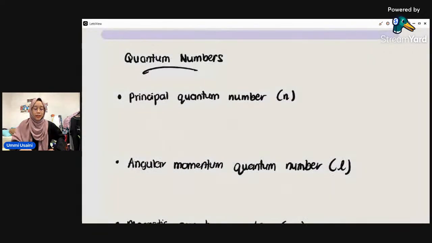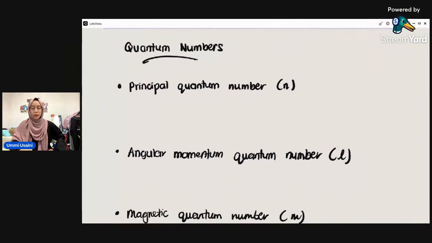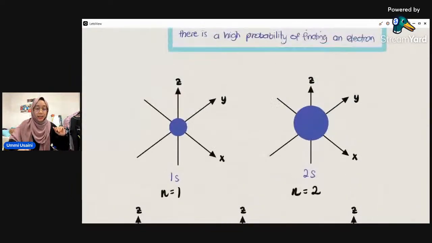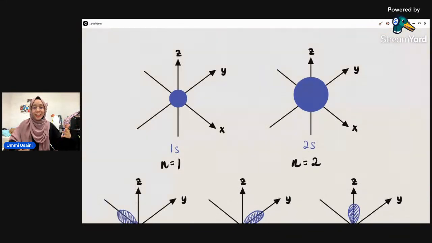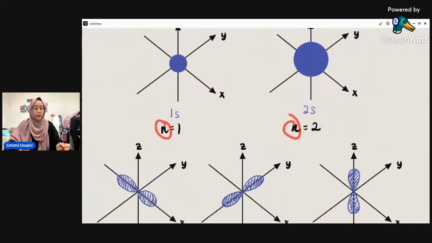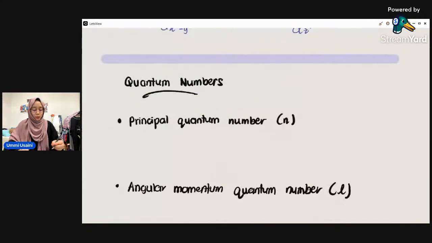Okay, so tadi someone mentioned about size yang beza antara 1s dengan 2s ni kan. Someone mentioned about size and then someone mentioned about energy level. Okay, and as you can see, Miss sendiri tulis ada N dekat sini. Okay, so principal quantum number is also known, ada nama lain dia lah. Kadang-kadang kita panggil dia sebagai shell.